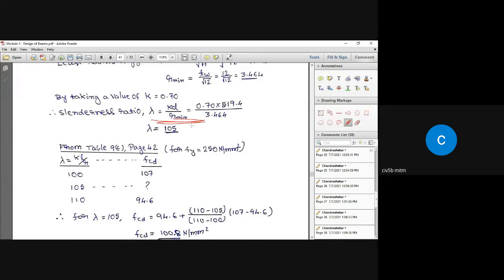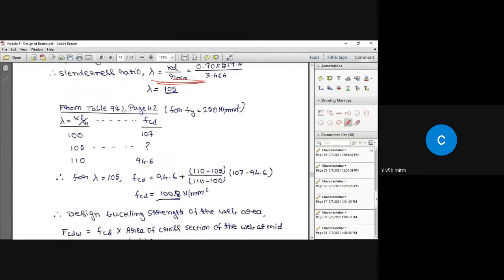For a rectangle section, the buckling class is always C. That's why we need to refer to table 9C on page 42 of the code book to get the value of FCD. So for 250 steel, from page 42, for a slenderness ratio of 100, it is 107 Newton per millimeter square.